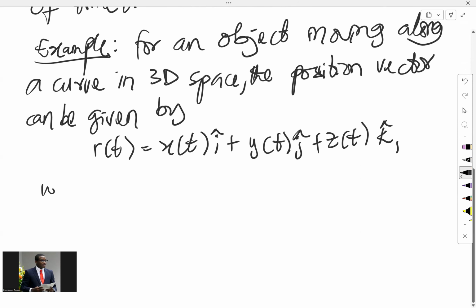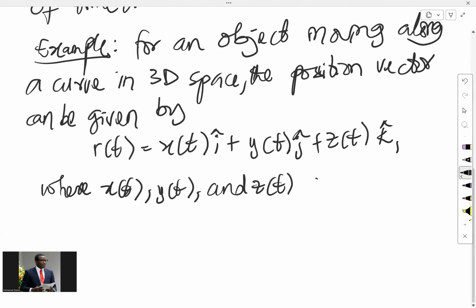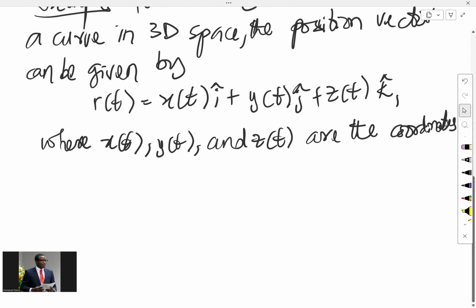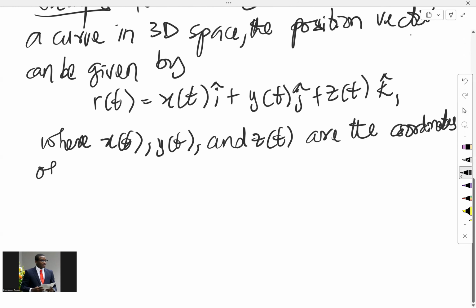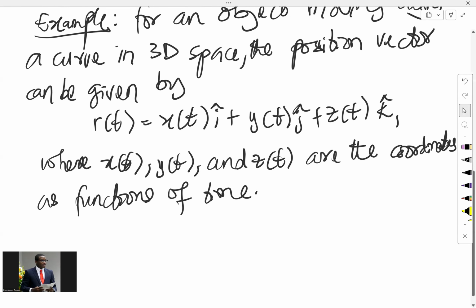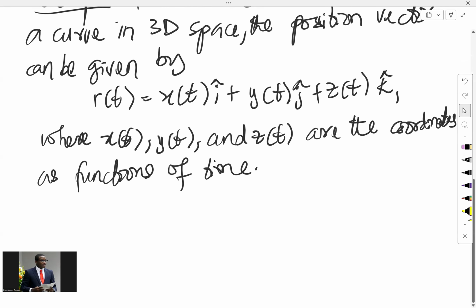So where x of t, y of t, and z of t are the coordinates as functions of time. Okay, so that is about position vector.